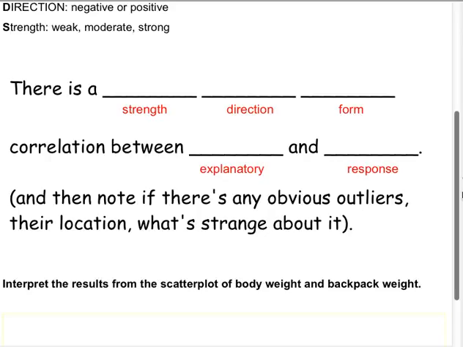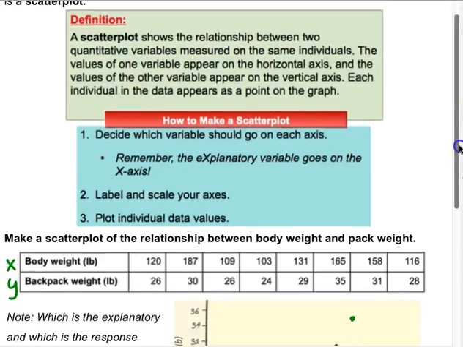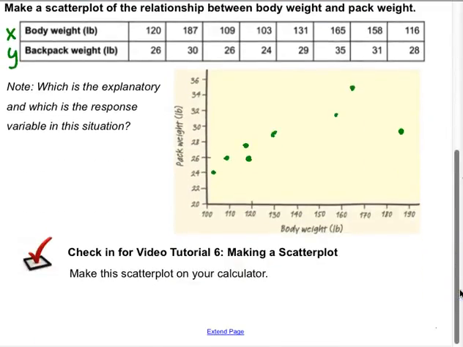So let's take a look at this, and again, let's do our scratch work for FODS. Our form, I'd say this is pretty linear. Outliers, I'm not seeing anything that strikes me as a major outlier, so I'm going to say I'm not noticing any.